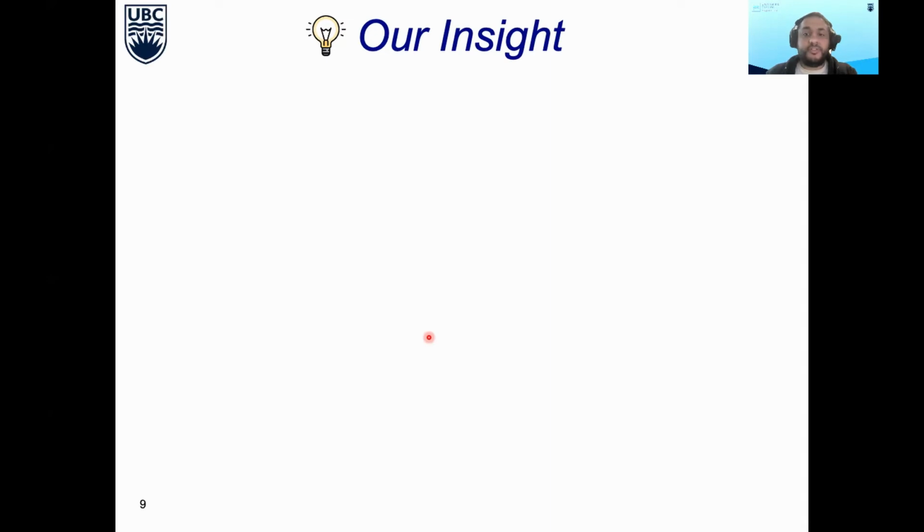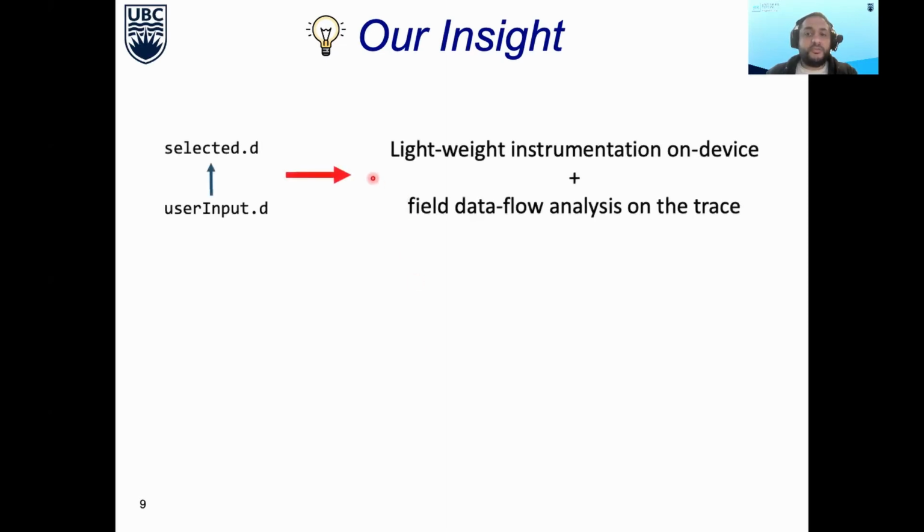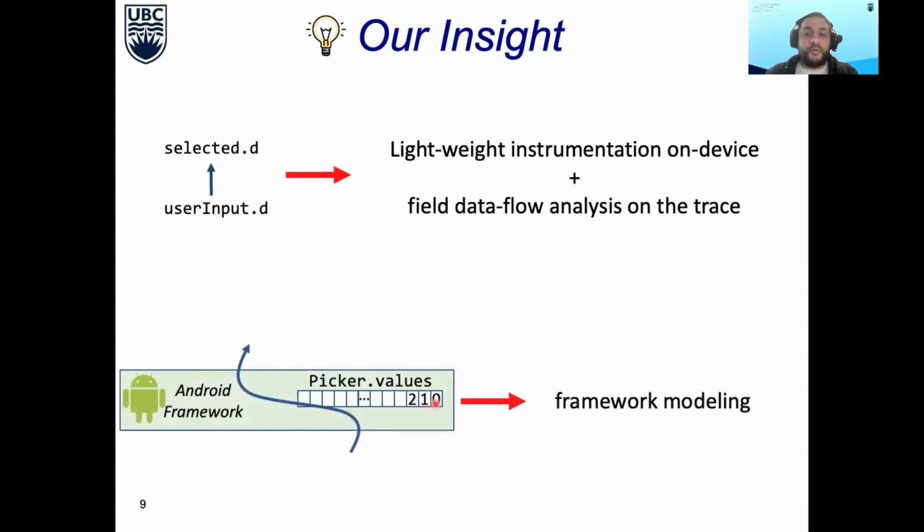So, to solve this problem of data flows in fields and in the framework for Android, we propose to use lightweight instrumentation on device, then do a sophisticated analysis directly on the produced trace to extract field data flows. Also, we propose to use statically constructed framework models for framework data flows.